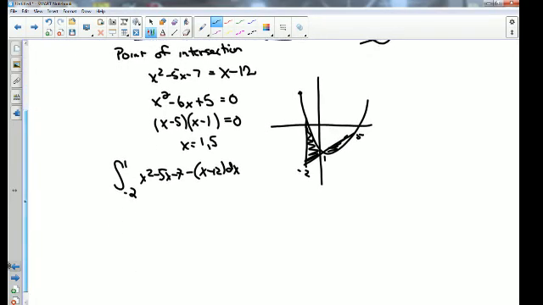So that's the first portion. That's this. Plus integral from 1 to 5. Okay. And then from 1 to 5, it's top minus bottom. Okay. Like that.